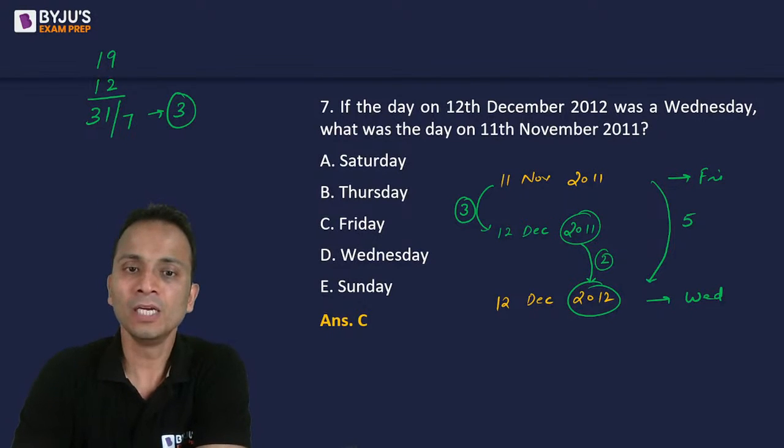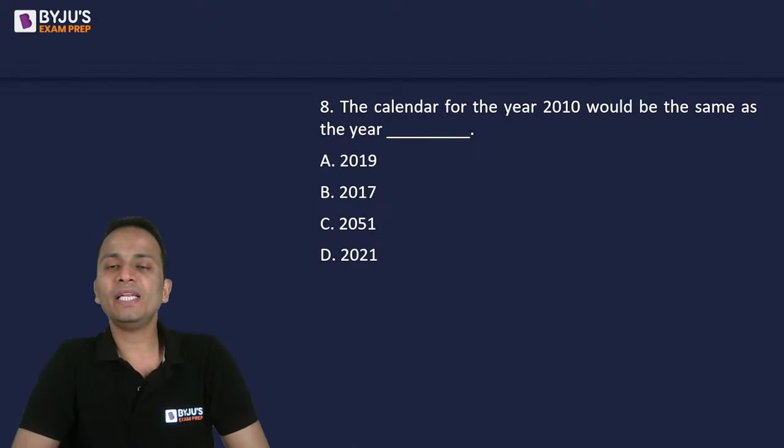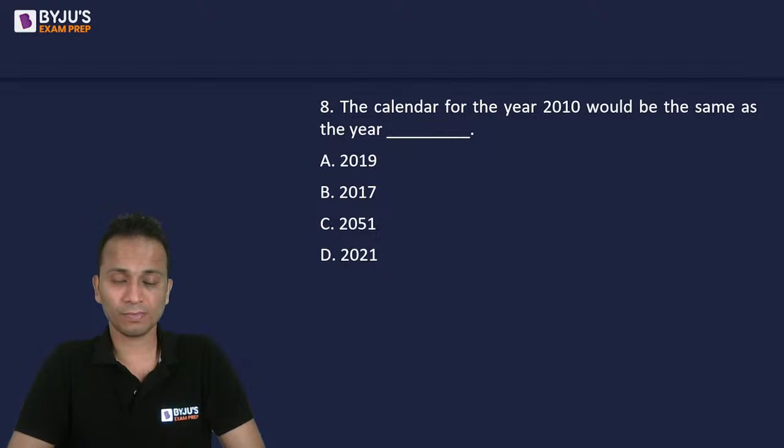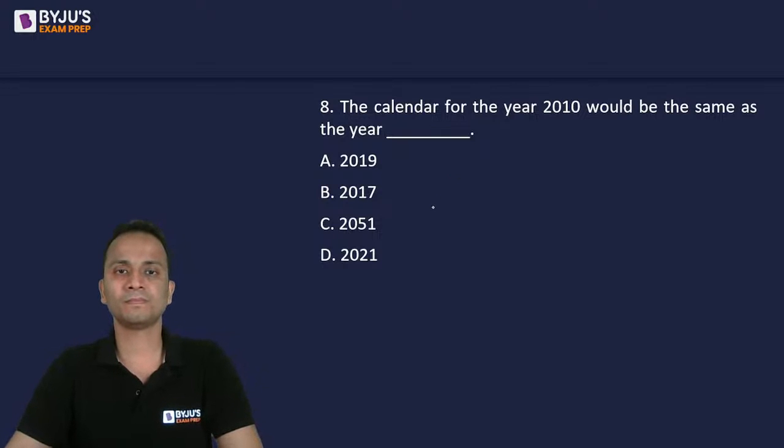Okay. Question number 8 on your screen now. The calendar for the year 2010 would be same as that of the year, which one? So which year has the same calendar as that of 2010?